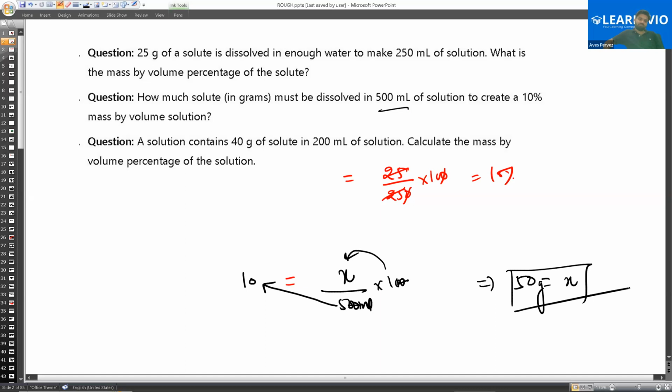Do the third one. Sir, 20%. It is 20%. Yes, sir. 40 upon 200 into 100, 20%.